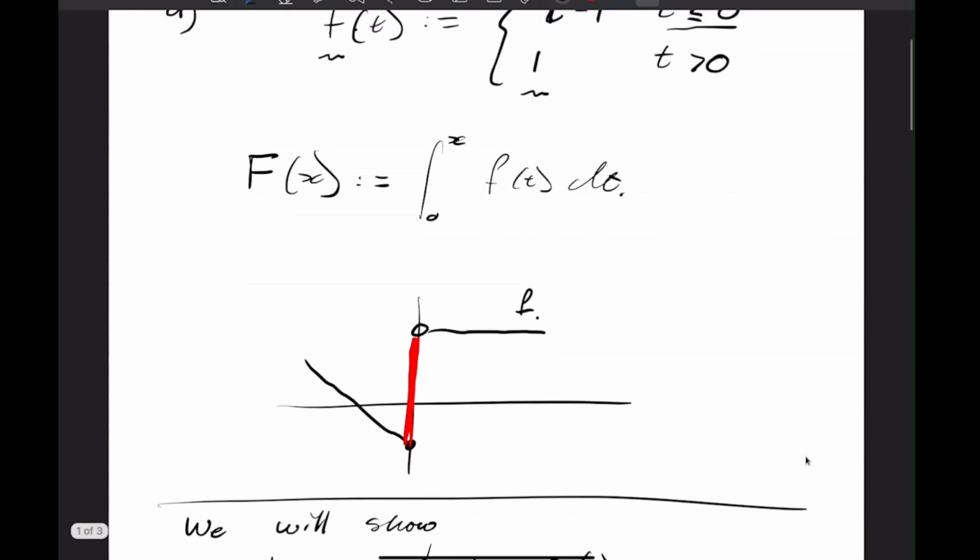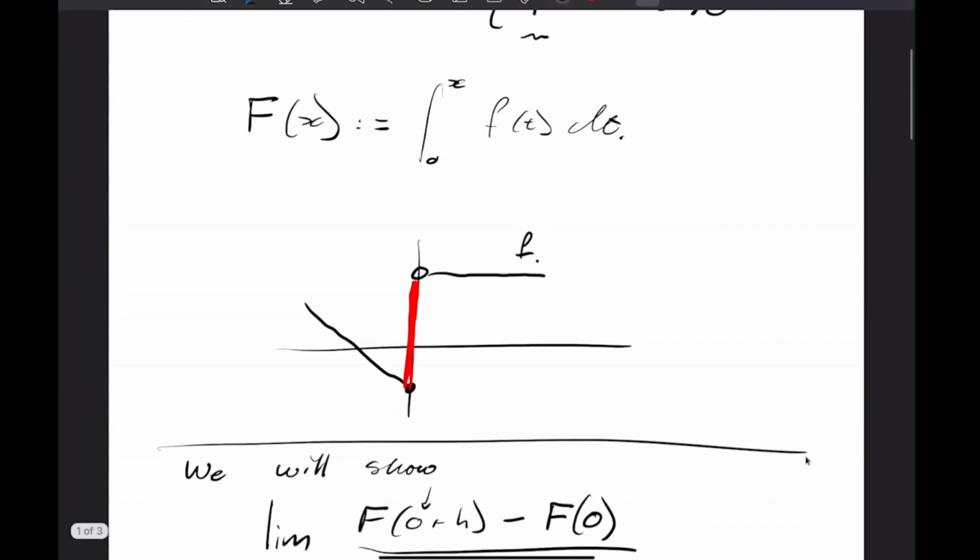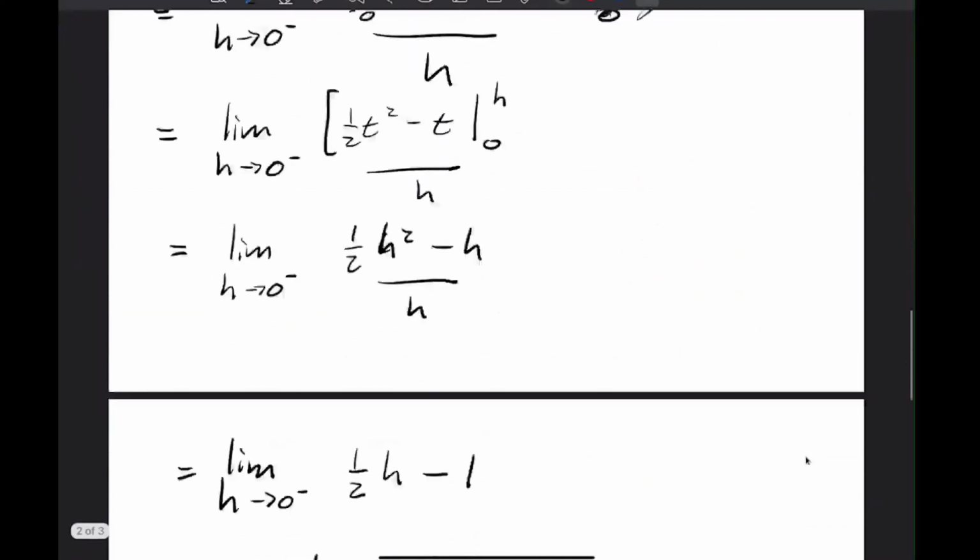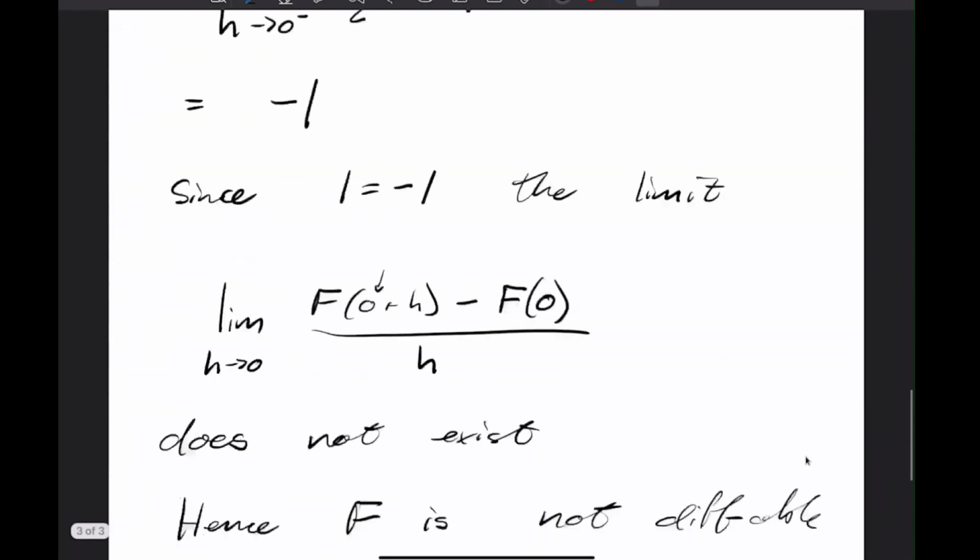And why does that not contradict theorem 4.3.4? That is because little f is not continuous. It does not satisfy all the conditions of theorem 4.3.4.